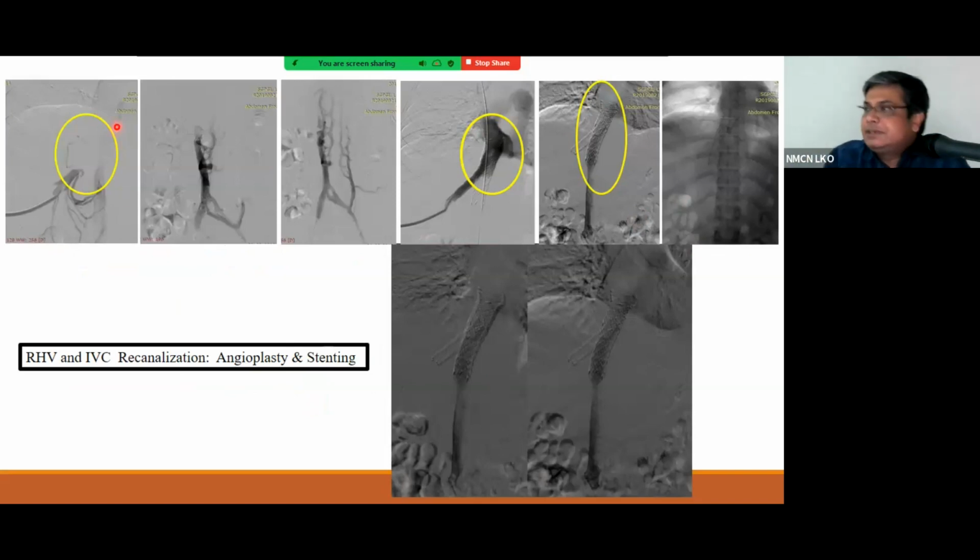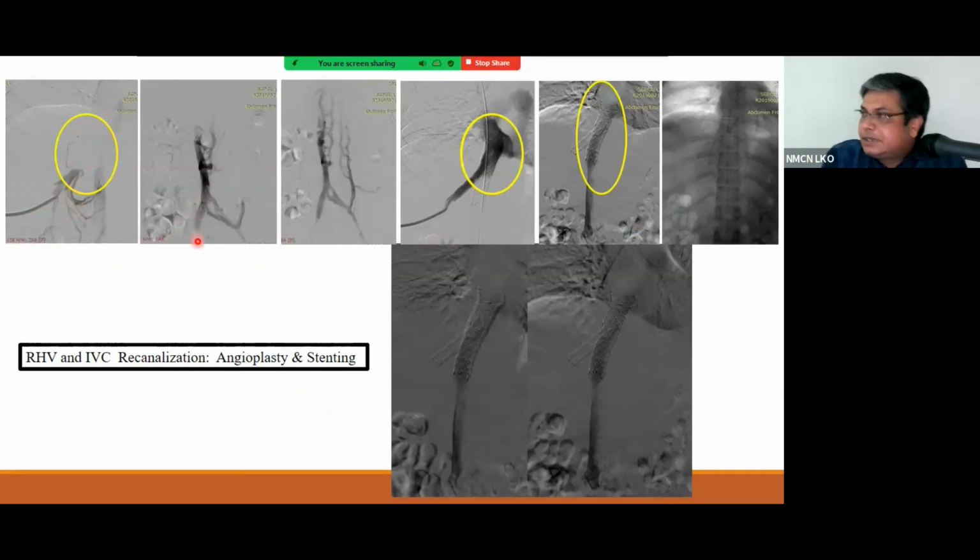So first we attempted a transjugular approach for hepatic vein recanalization in this one, but the hepatic vein could not be cannulated. So we took a transhepatic access under ultrasound guidance, and after accessing this right hepatic vein, a venogram was taken. In this venogram, we can see a central segment of stenosis or occlusion of this RHV with drainage via collaterals.